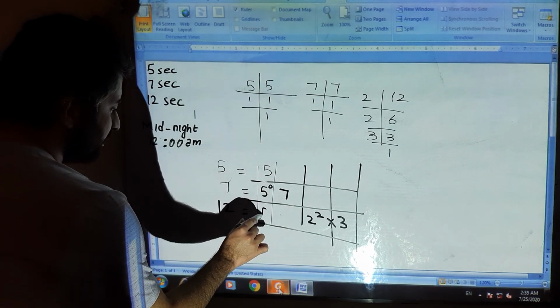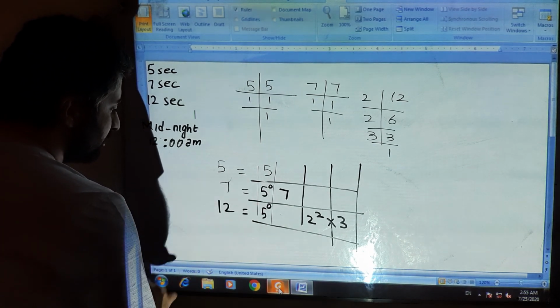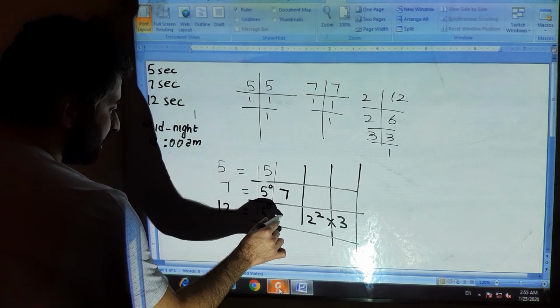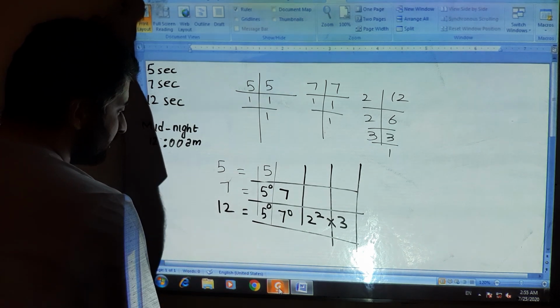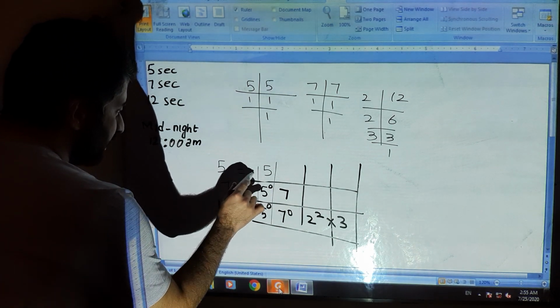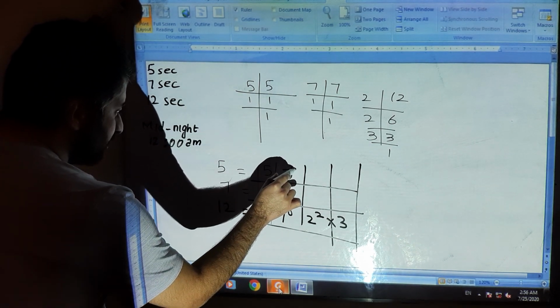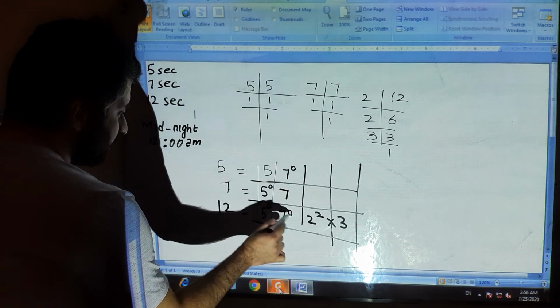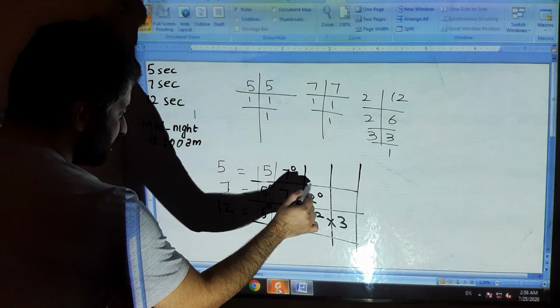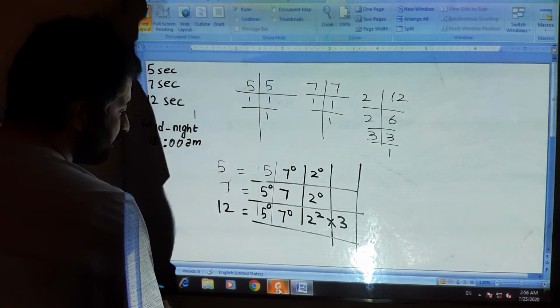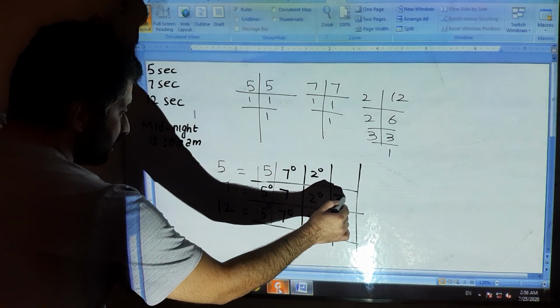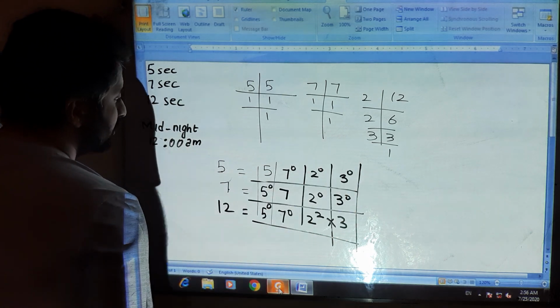In the factors of 12 you don't have 7, write 7 raised to the power 0. In the factors of 5 we don't have 7, write 7 raised to the power 0. In the factors of 7 we don't have 2, write 2 raised to the power 0. In the factors of 5 we don't have 2, write 2 raised to the power 0. Similarly, 3 raised to the power 0 and 3 raised to the power 0.